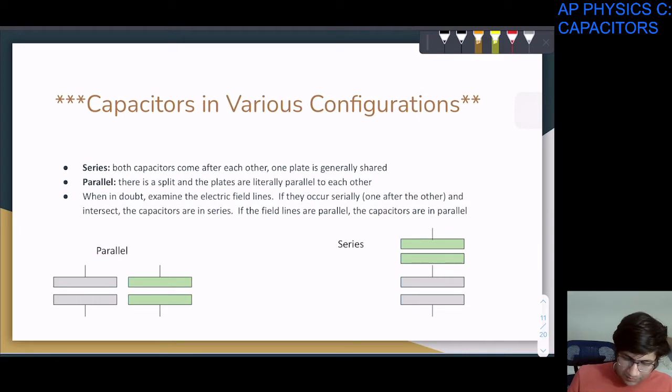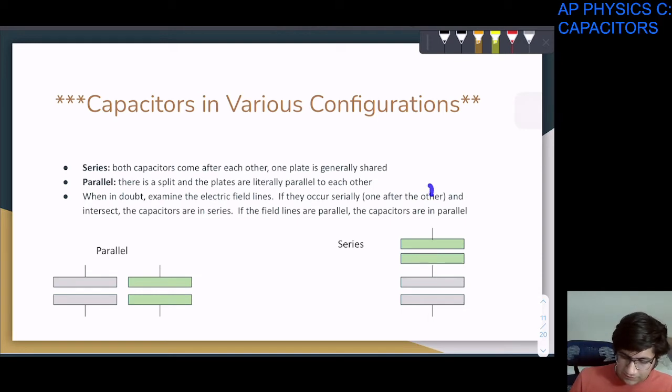Now, the type of questions we're going to see, especially in the next lesson, which is going to be circuits, is how to combine different capacitors. And there's two main configurations. So you have series, where both capacitors occur right after each other. So this is an example of two capacitors in series. This is one parallel plate capacitor, there's another one here, and there's a wire connecting the two.